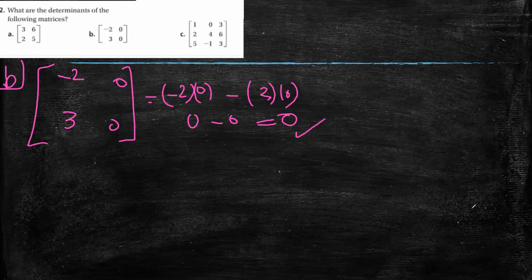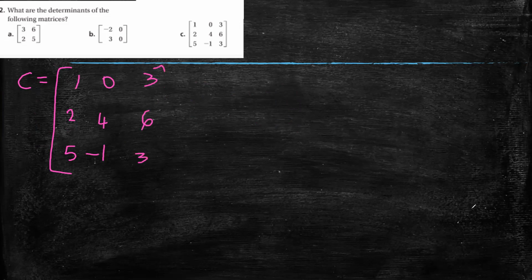Now let's find C. In C here, we have 1, 2, 5, 0, 4, -1, 3, 6, 3. We have to copy the first two columns: 1, 2, 5, 0, 4, -1.